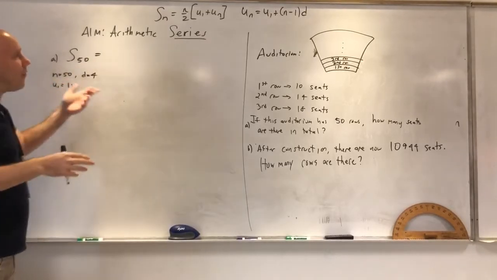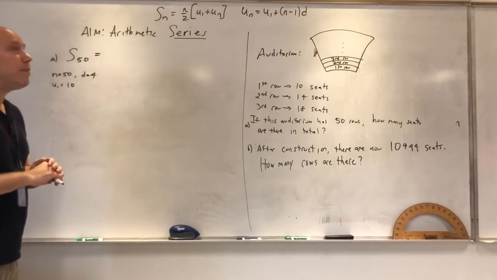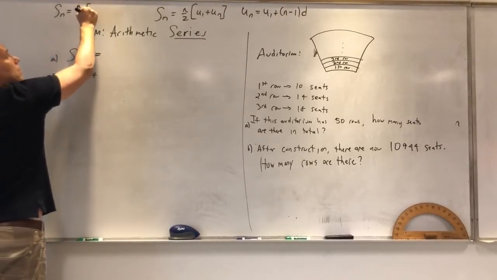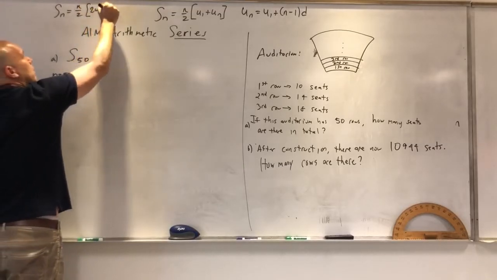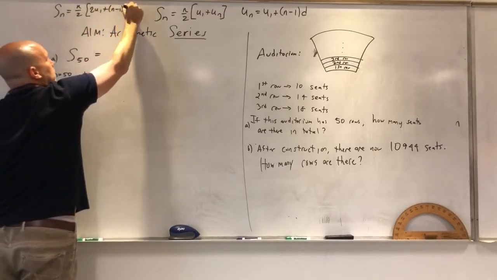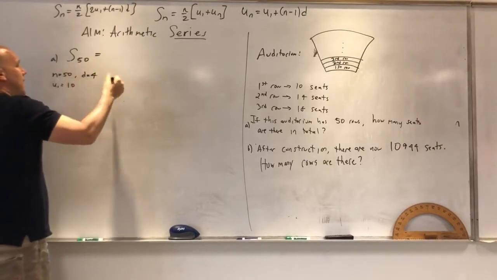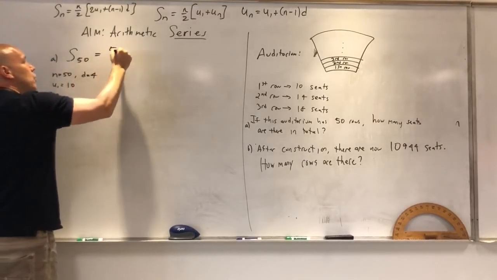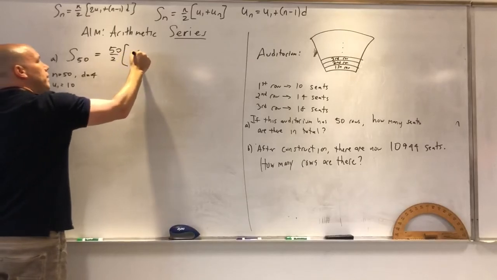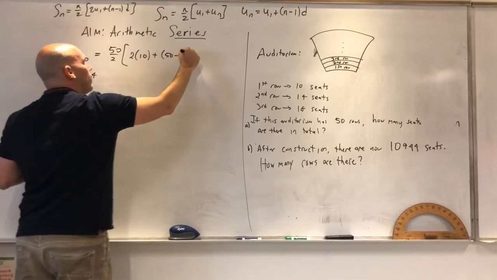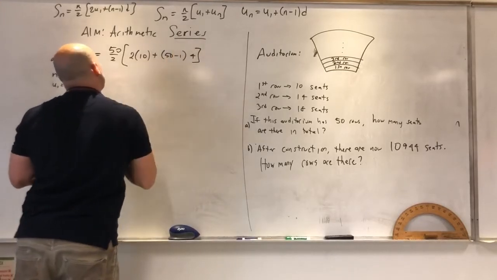And I think that's enough for the second formula. Let's rewrite that. S of n equals n over 2, 2u1 plus n minus 1 d. So I know that S of 50 is 50 over 2, 2 times 10 plus 50 minus 1 times 4.